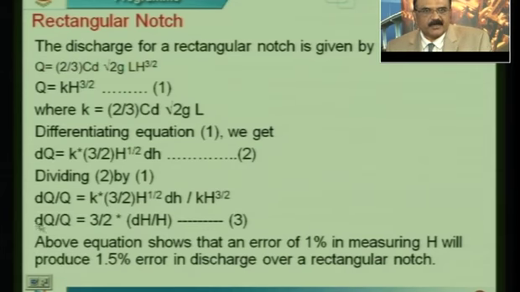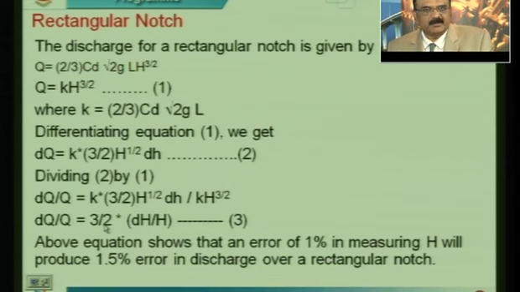Now, what is the conclusion you are going to draw from this equation? It says that suppose you make 1% error in measuring the head over a rectangular notch, remember this is 3/2, 3/2 is 1.5. If you substitute 1% here, therefore my dQ by Q is equal to 1.5% error.